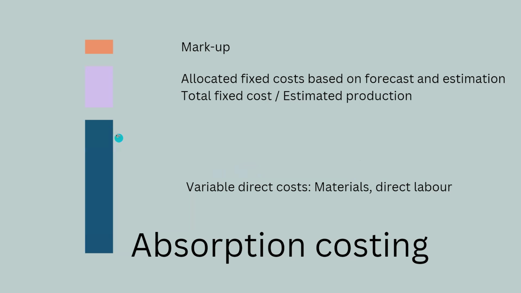These are quite easy to calculate since we still have the accounting book and also the data on the cost. The second part is the allocated fixed cost. The fixed cost here would be calculated as a whole and then divided into each unit. It can be calculated by taking the total fixed cost divided by the estimated production.